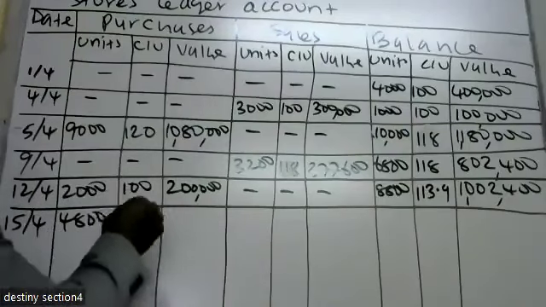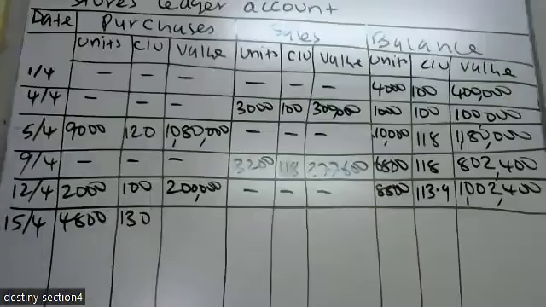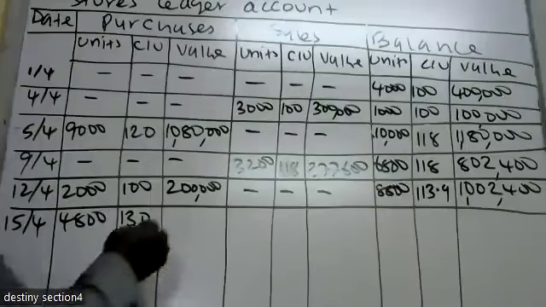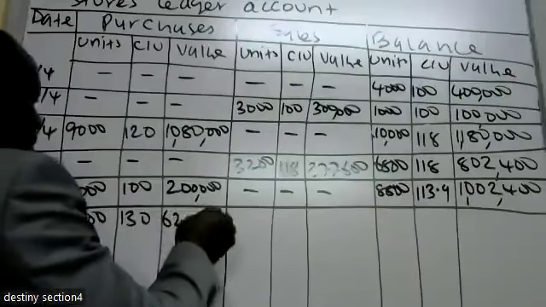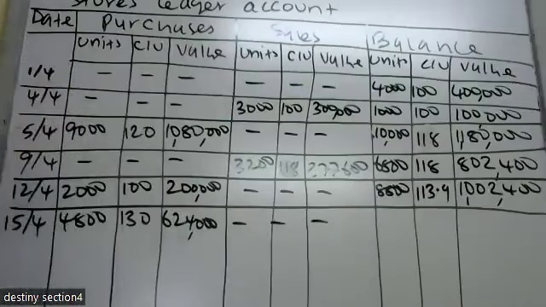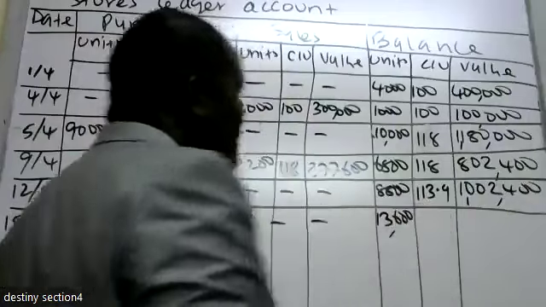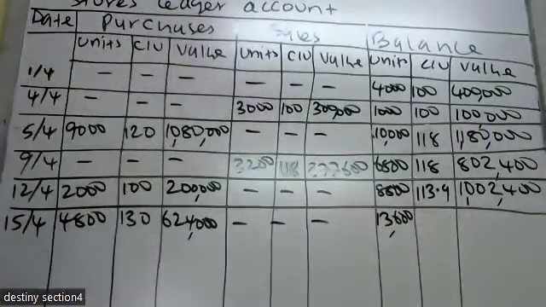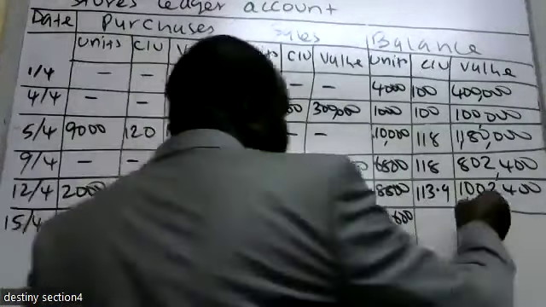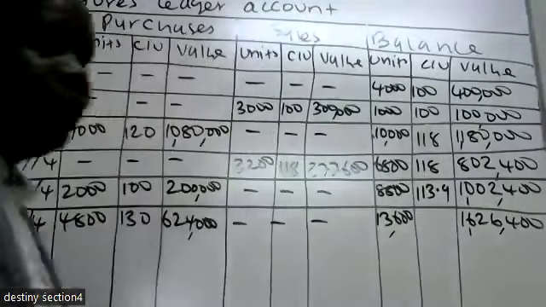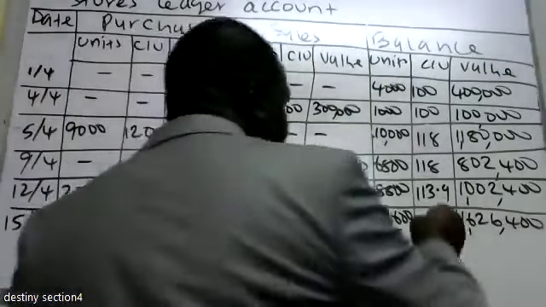So multiplied by 130 gives 624,000. Then you add 4,800 plus 8,800, 13,600. Then also get the total amount, 1,626,400. Get now the average price, 119.6.